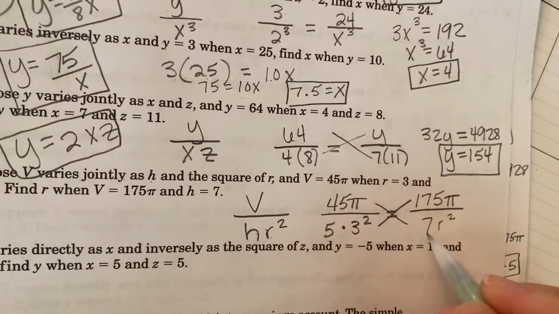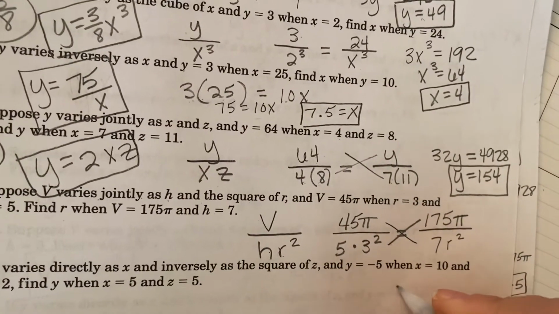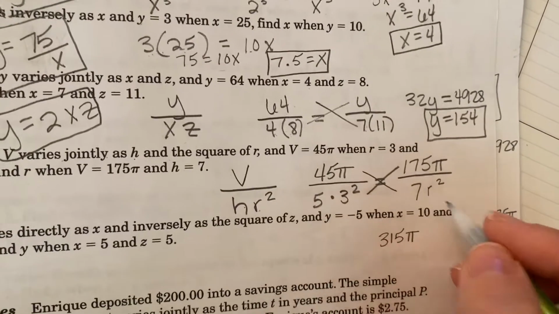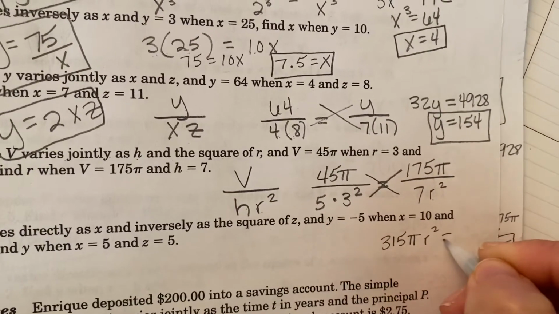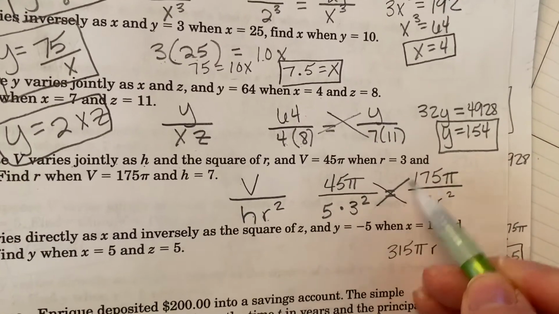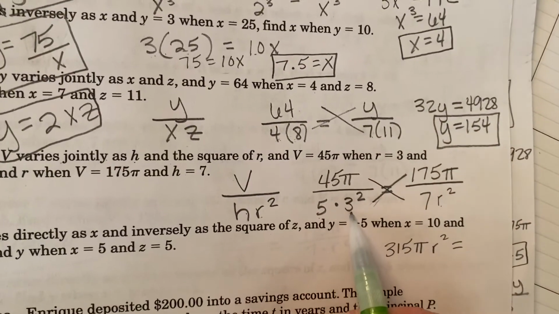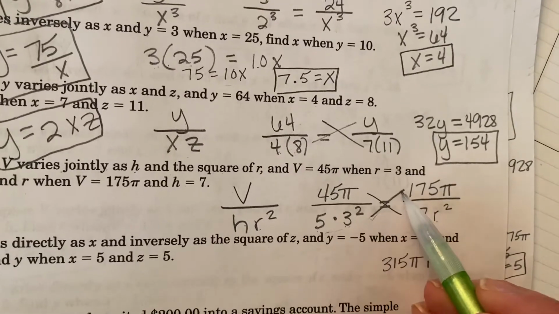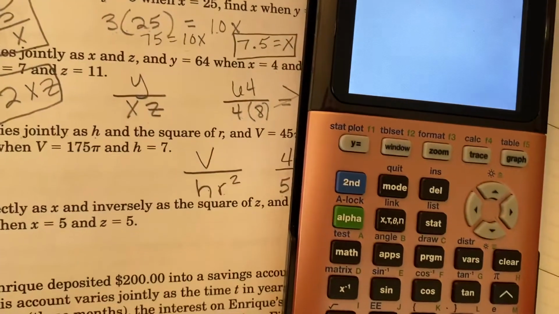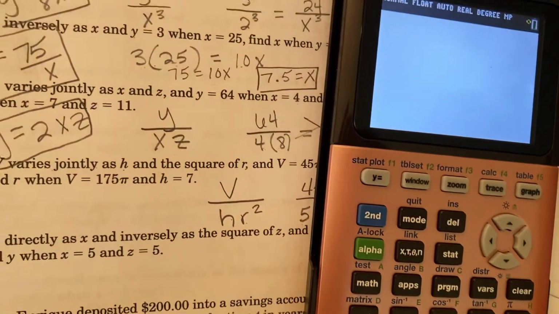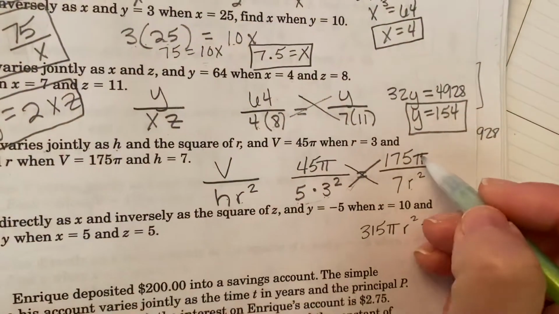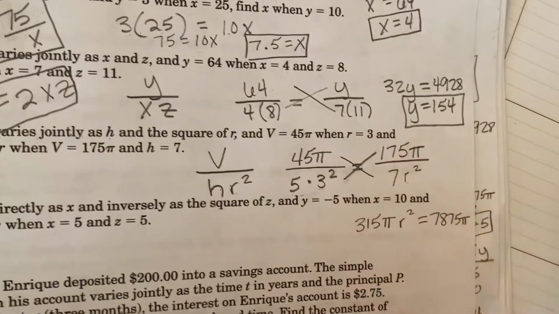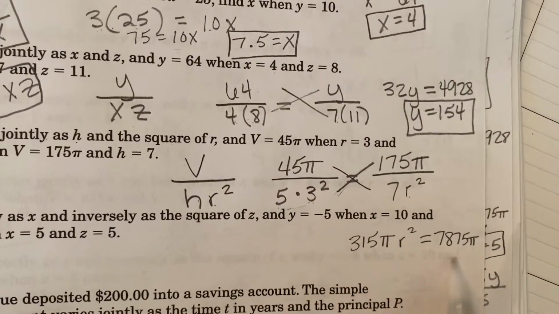So 315 pi times r squared equals, cross multiply this way. 5 times 3 squared, that's 5 times 9, that's 45. So I'm going to do 45 times 175. I got 7875 pi, remember, 7875 pi.